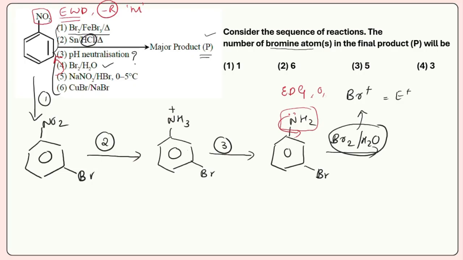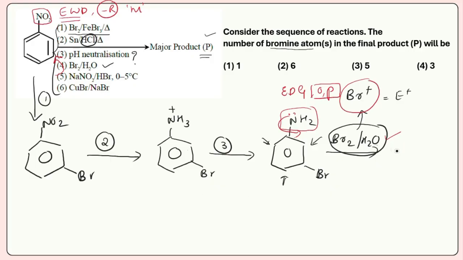Electron donating groups are ortho-para directing groups, and they always activate the benzene ring. So there are two reasons here. NH2 is activating the benzene ring, and we have many bromonium ions because it is taken in water. So because of more number of electrophiles and because of the electron donating group, both the ortho positions and the para position are going to be substituted by bromine now.